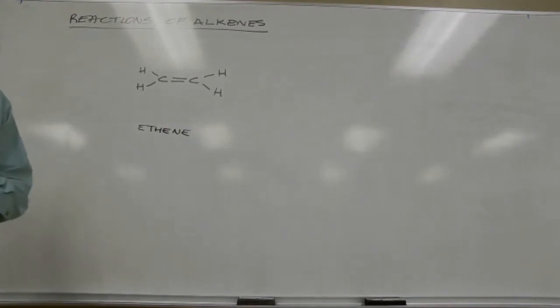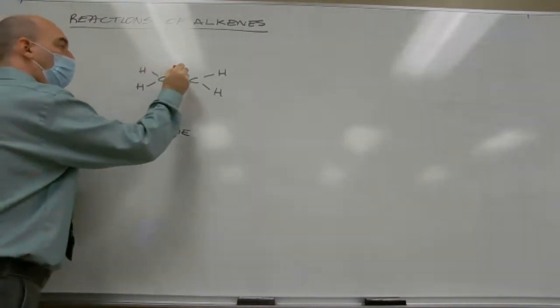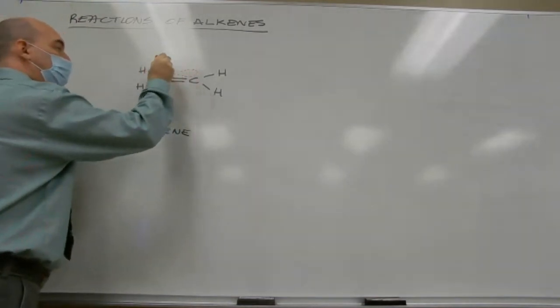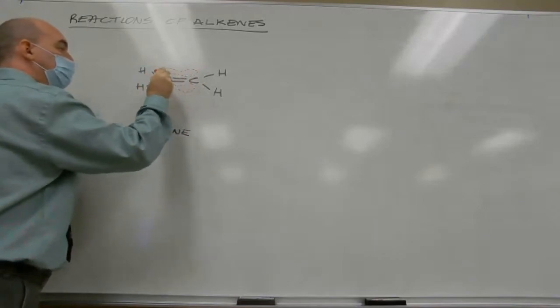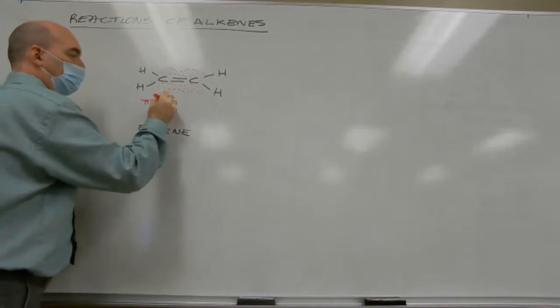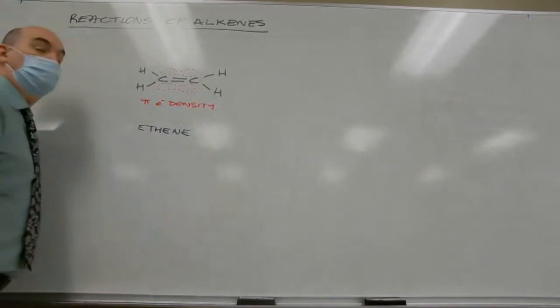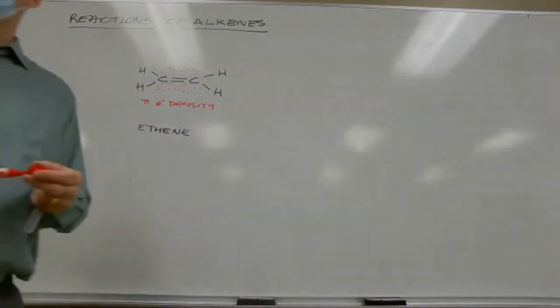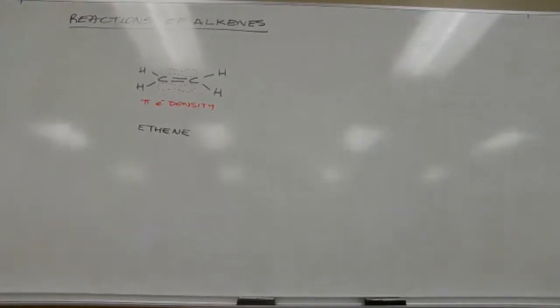Ethene has a sigma bond. And then on top of that sigma bond, it has surplus electron density in the shape of a pi bond.